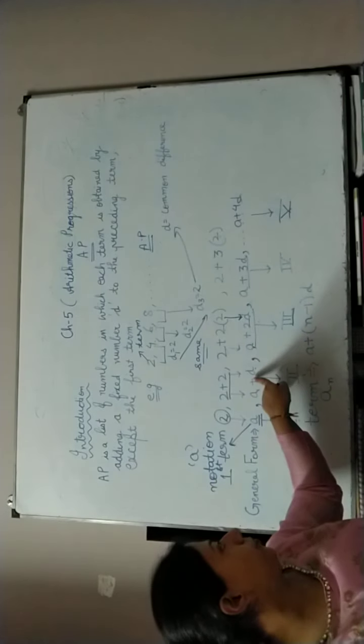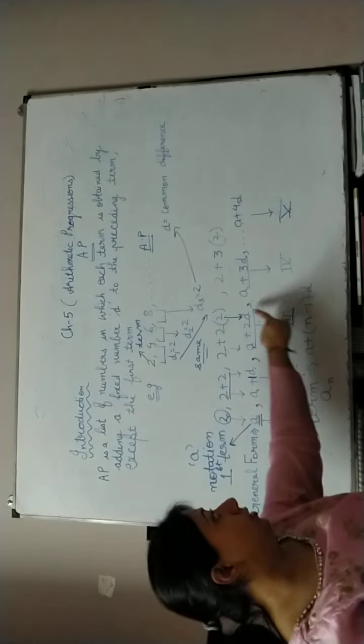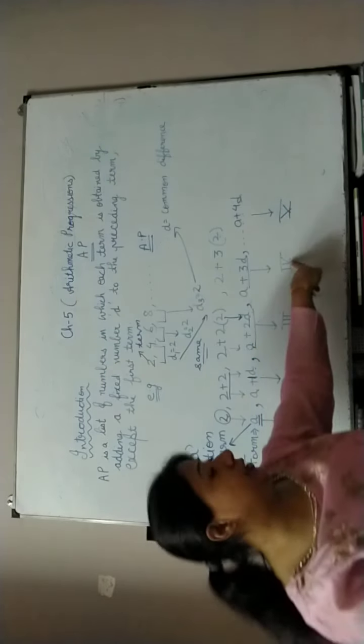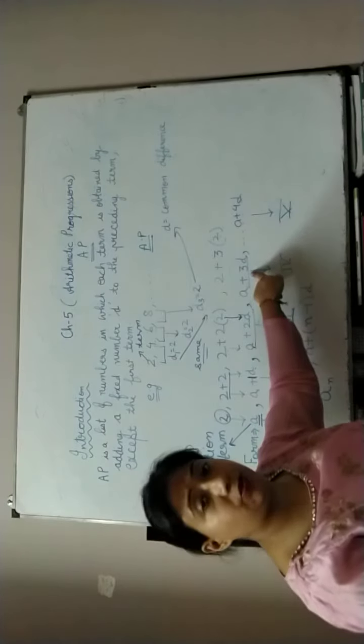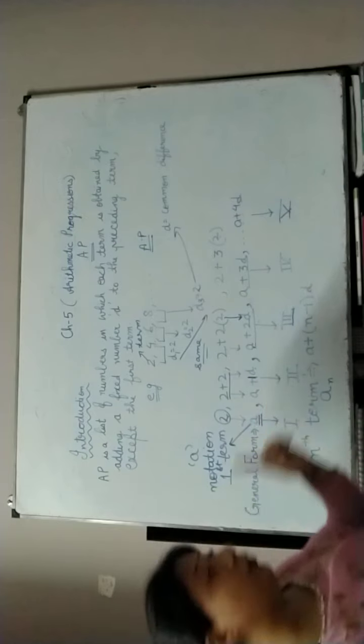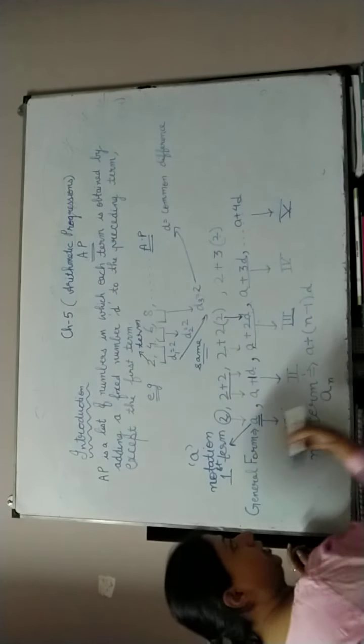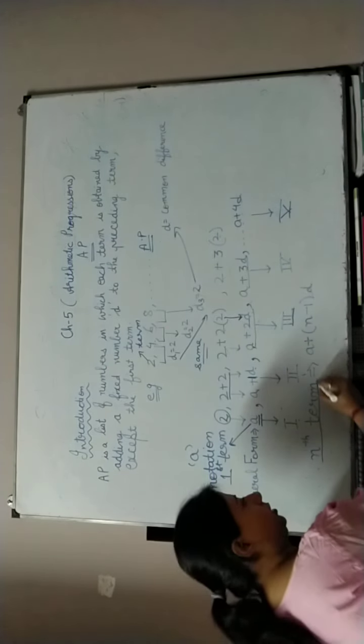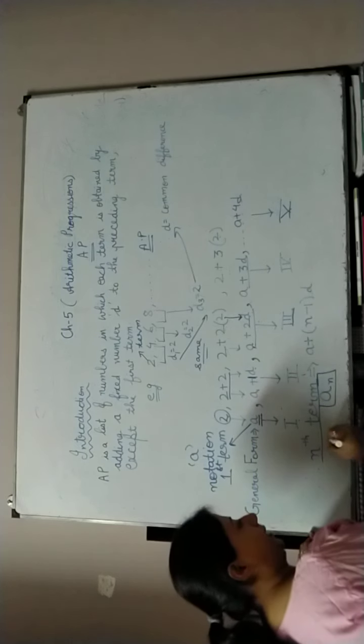See, in the second term, the coefficient of d is 1. In the third term, the coefficient of d is 2. In the fourth term, it is 3. In the fifth term, it is 4. So it is 1 less. Now if I generalize more, this is the nth term, with the notation an.